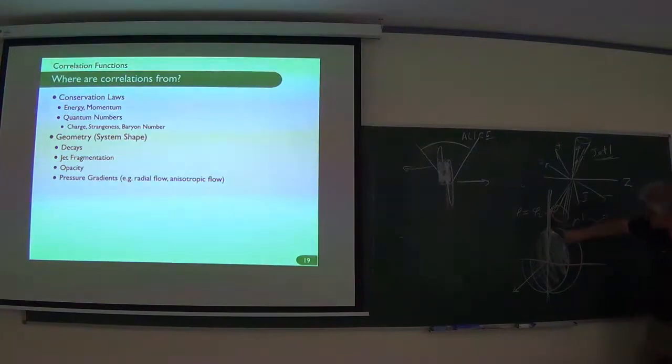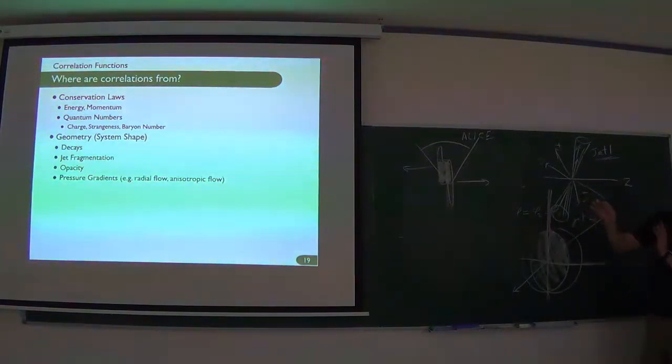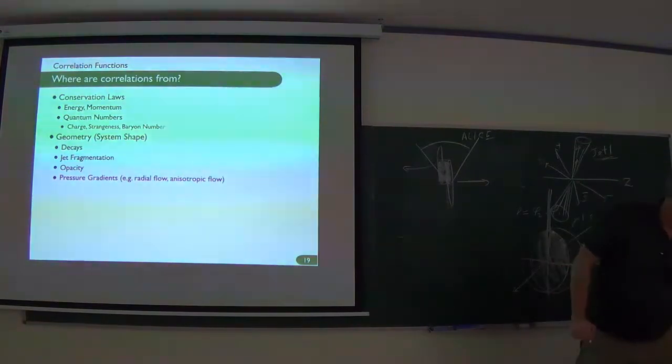Since the system is spatially anisotropic, there is a gradient of pressure, and the gradient of pressure is obviously larger along the small axis than it is along the long axis, and so consequently the gradient of pressure will push particles more in this plane, the plane of the collision, than out of the plane. So these are the types of correlation one can think of. There are others, but that's the basis for what we can look for.